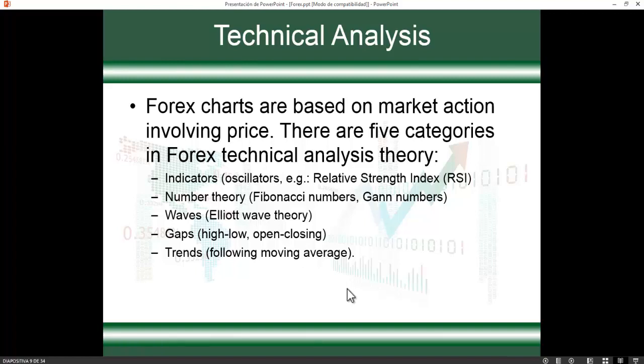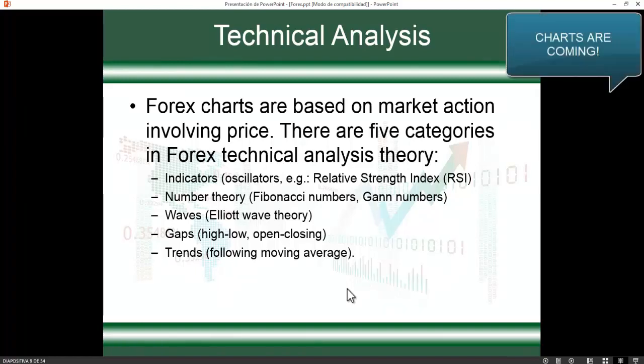There are three essential principles of technical analysis. First, market action discounts everything. This means the actual price is a reflection of everything that would affect it, for example supply and demand, political factors, and market sentiment. However, the pure technical analyst is only concerned about the price movement.